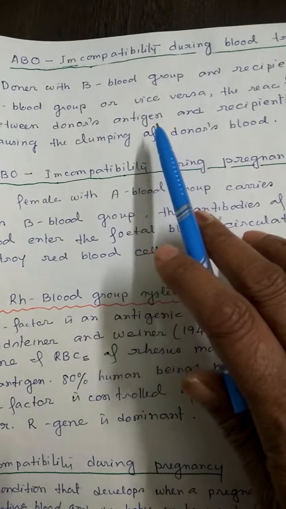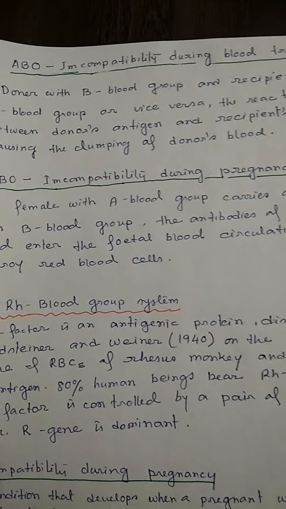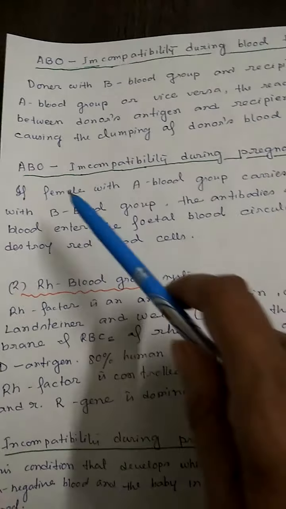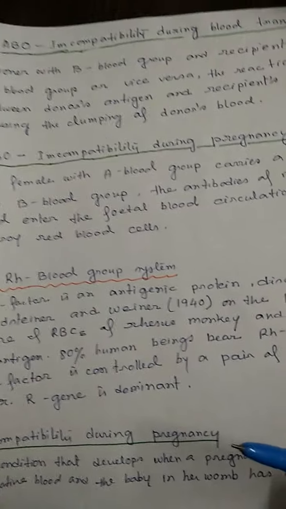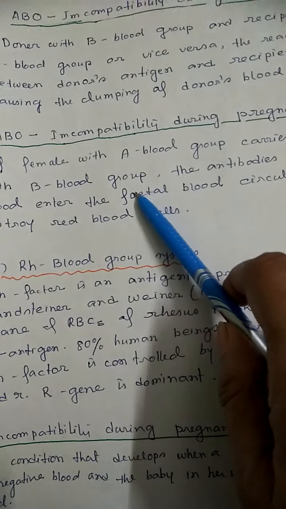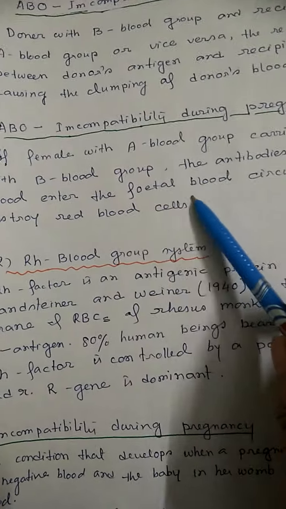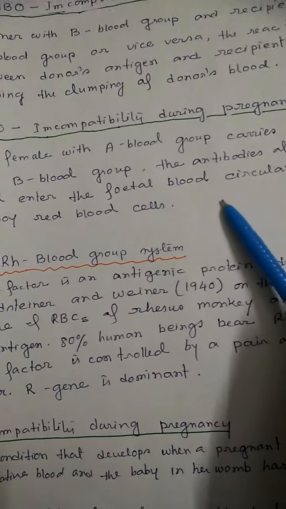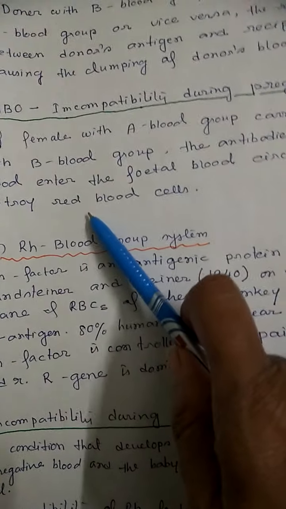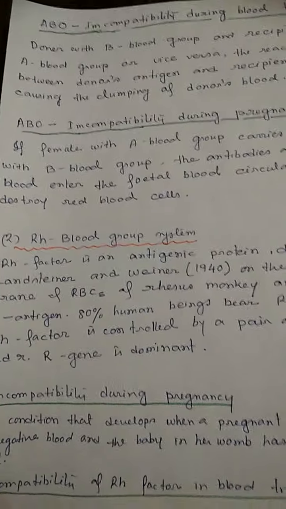As a result, coagulation or clotting of blood takes place, and that blocks the vessels. In pregnancy also, if a female with A blood group carries a fetus with B blood group, the antibodies of maternal blood enter the fetal blood circulation and may destroy the red blood cells. So in that case, it is also fatal.